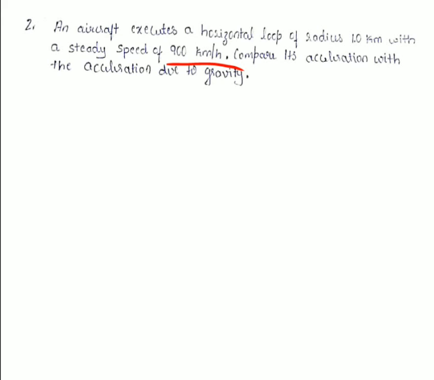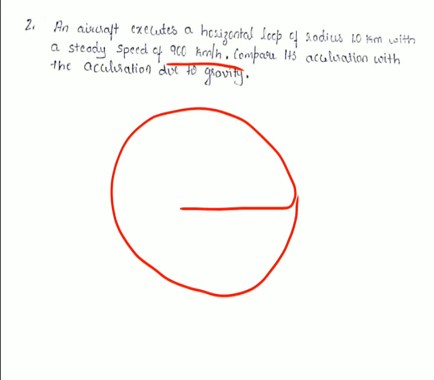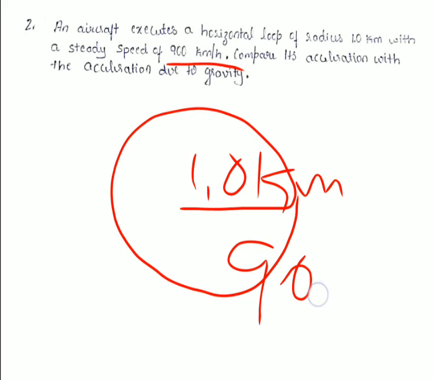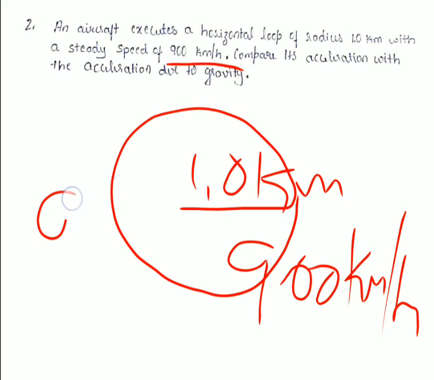Okay, there is one horizontal loop of radius 1.0 kilometer, and its speed is 900 kilometer per hour. So you have to compare the value of this acceleration with respect to acceleration due to gravity.